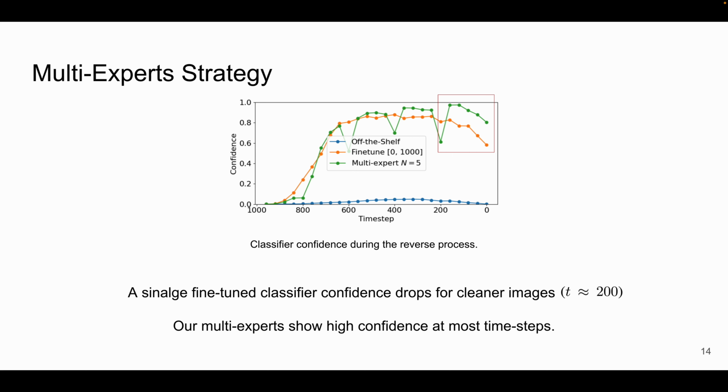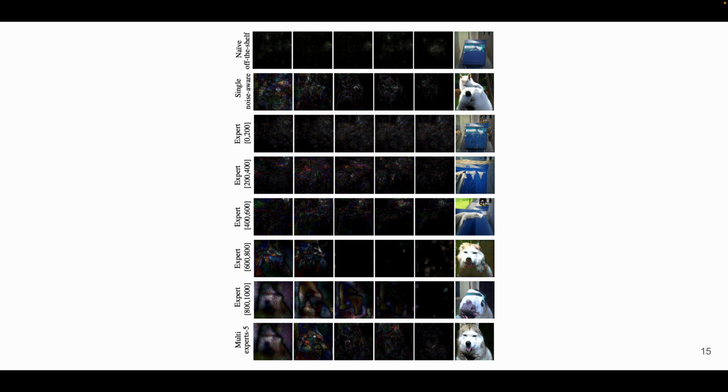We can see the confidence of the single fine-tuned classifier drops for cleaner images, which is highly influential to the quality of the image generation of the diffusion model, while the multi-experts do not. This image shows the results generated by different comparison models for the class Husky.